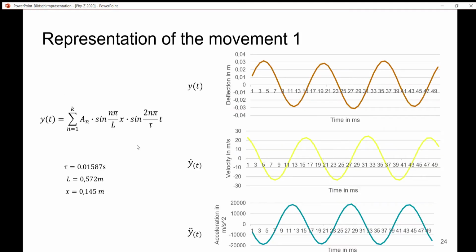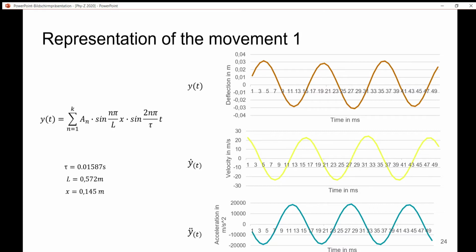Now to the representation of the movement in general, because now I described the whole movement of the string, I want to describe the movement of one point of the string over time. So I transformed the equation and set the point at exactly a quarter of the length of the string, so that the amplitude of the first harmonic is the biggest.